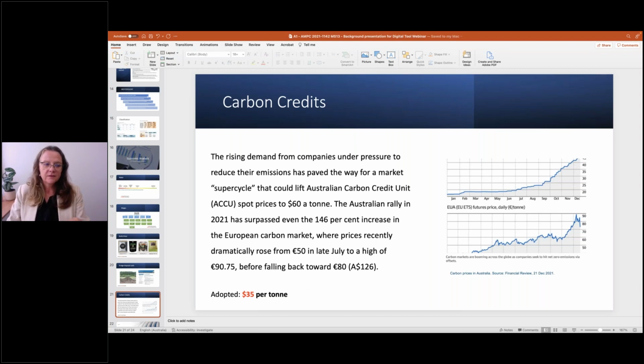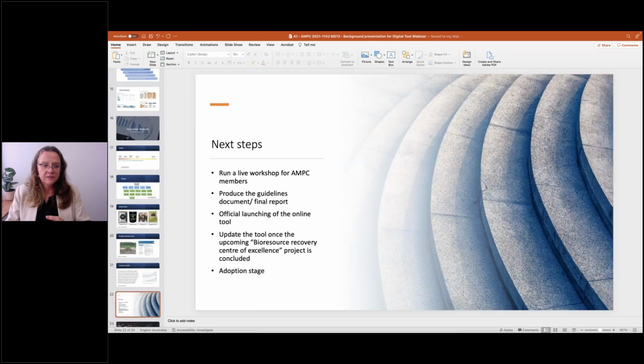All these things served as an input to create the model that you're going to see now. The next step is to run a live workshop for AMPC members. We are going to be open to individual conversations with each of you, which Matt is going to give details on later. We are going to produce a document with guidelines on how you can use the tool, and then move on from the beta version to the official launch.